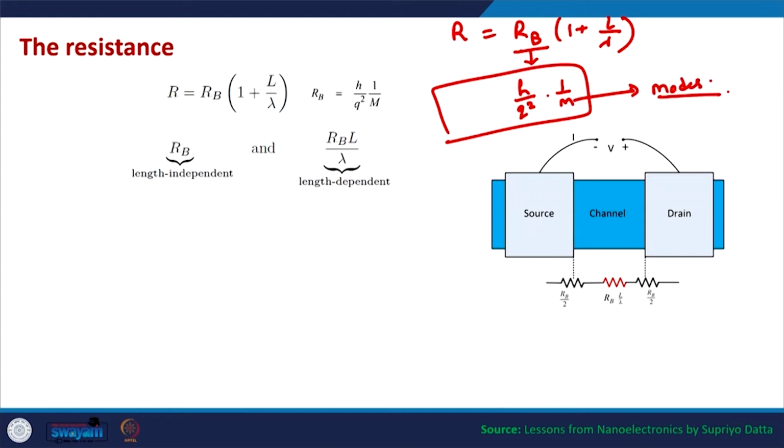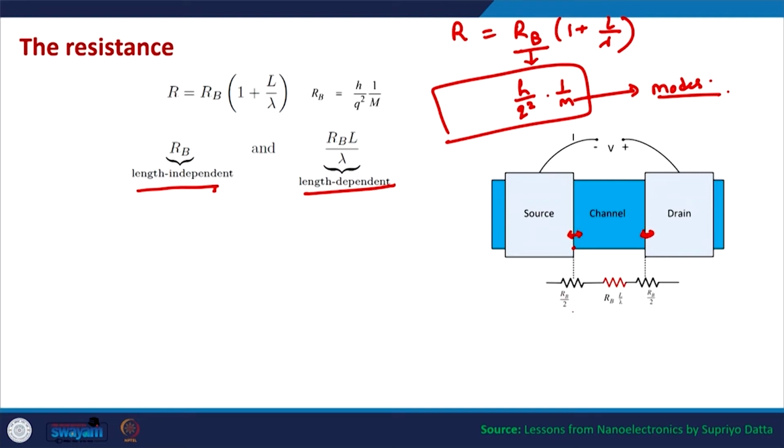Essentially any resistance has two parts, one is this Rb, which is the length independent part, and second is the length dependent part. And this length independent part, as we will see later in this course, comes because of the contacts of the channel with the source and the drain.